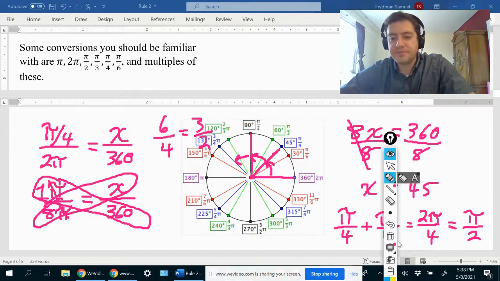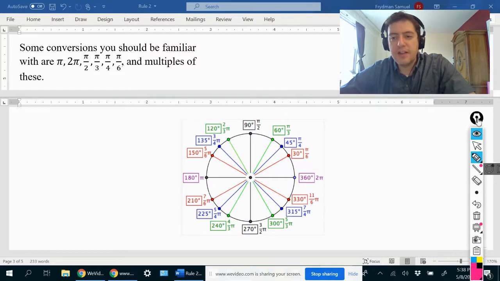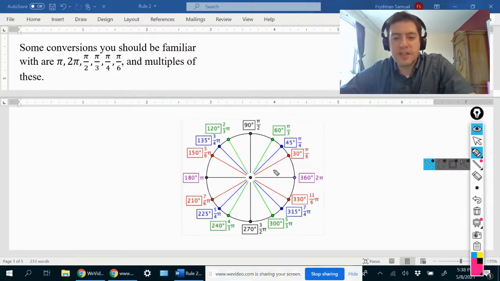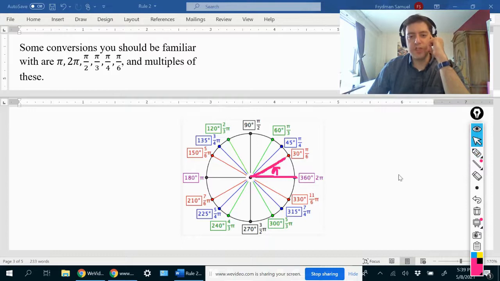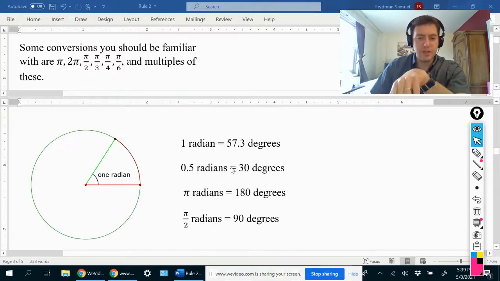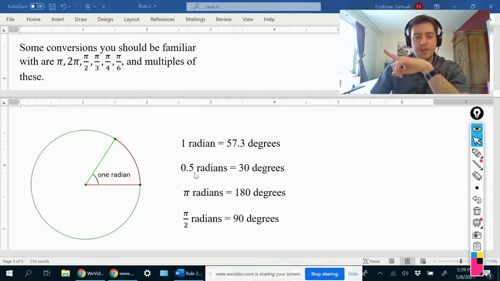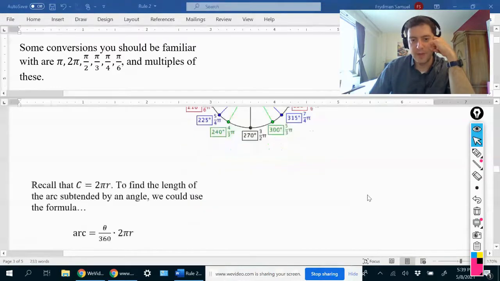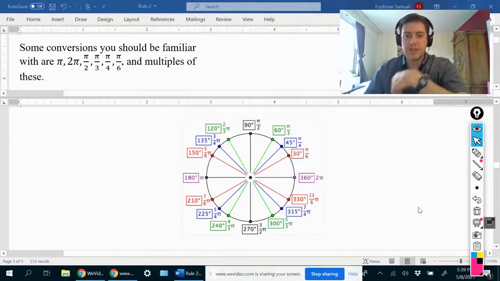And finally, the last one, pi over 6. Pi over 6 is the same as 30 degrees. That's actually one of the examples we did earlier. We said 30 degrees was approximately, not exactly, but approximately 0.5 radians. So this should kind of make sense.